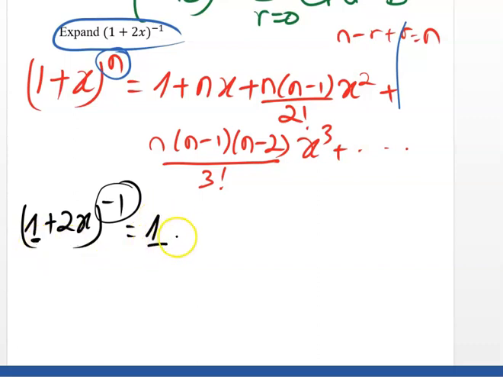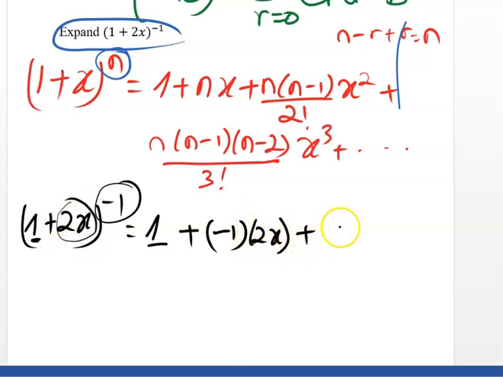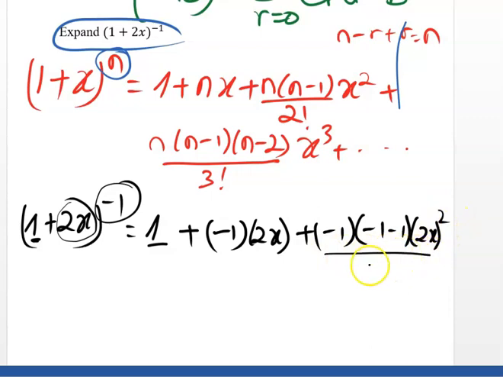Okay, it is 1. n is negative 1, and x here simply means this term, 2x. Let's expand up to x squared: 1 plus negative 1 times 2x, plus negative 1 times negative 2 over 2 factorial times (2x) squared.